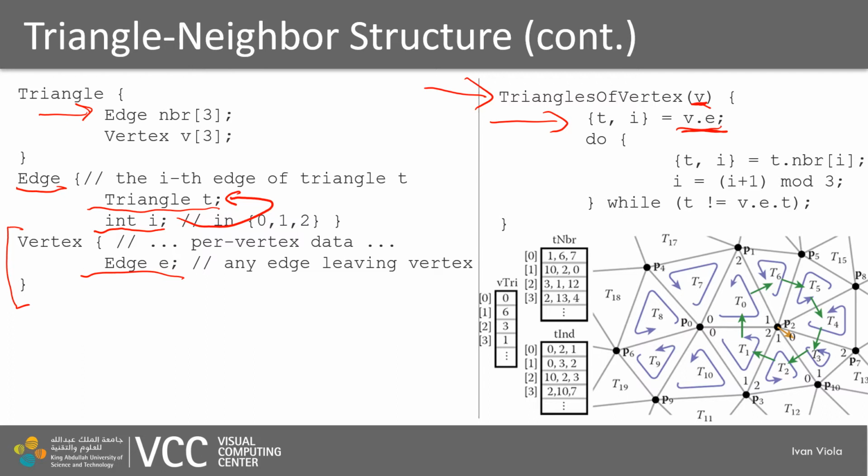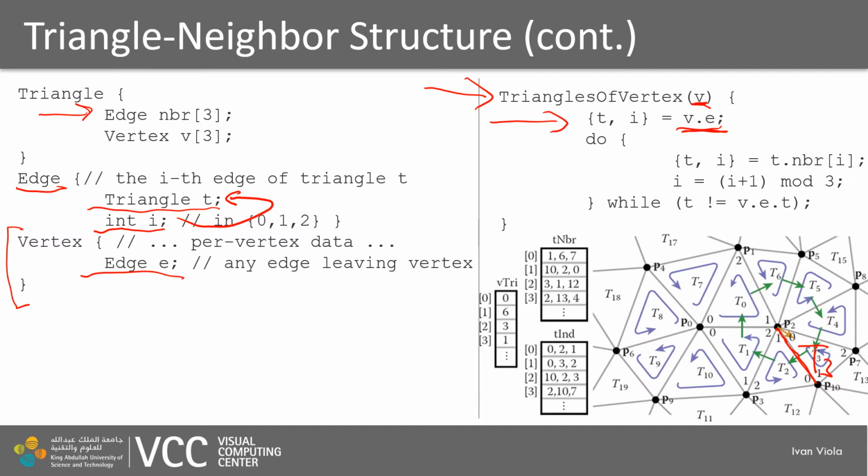So if we have a point P2 again here, then the edge which we are having from this fetch will be this one, and it corresponds to the triangle T3.